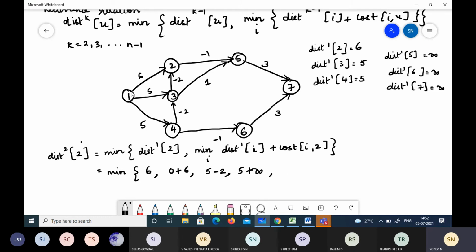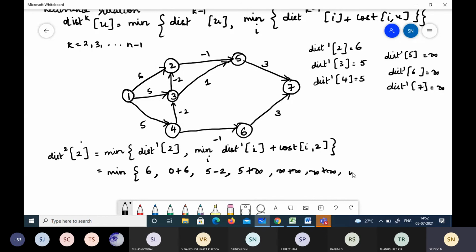Now 1 to 5 is not reachable, it is infinity. Plus 5 to 2, that is also infinity. Then 1 to 6 is infinity, plus 6 to 2 is also infinity.